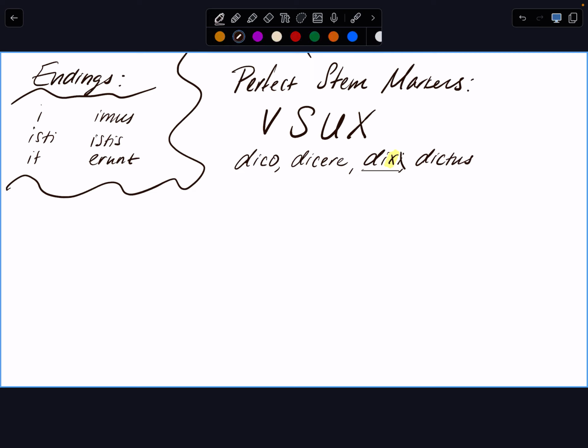Let's try another one. Gemo, to groan. Anyone? Now once again, we're dealing with the third principal part, gemui. If we pop off that I, which is actually an ending, what precedes that is the letter U. Is that in V sucks?